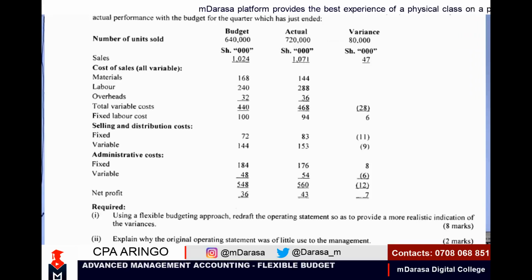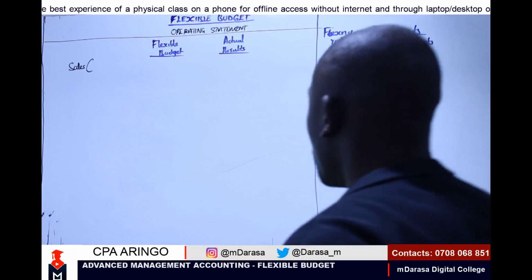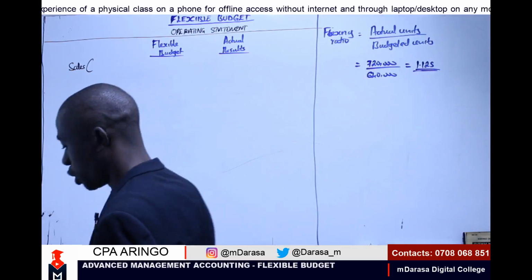That is the budget that I was given initially. So here is a point that you should get very clearly: I'm given 1024 as our budget.